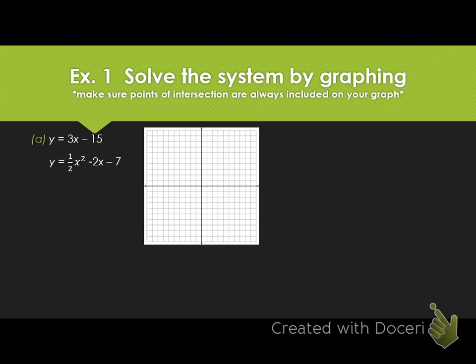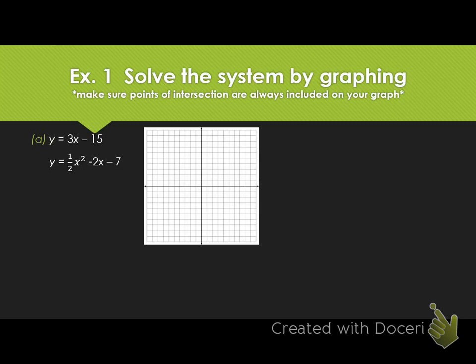And then before you start graphing it, plug in y equals 1/2 x squared minus 2x minus 7 as well. Get both graphs on your screen before we start plotting on our coordinate plane, so that we can make sure we include any points of intersection that we have.